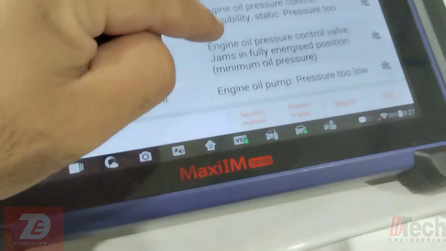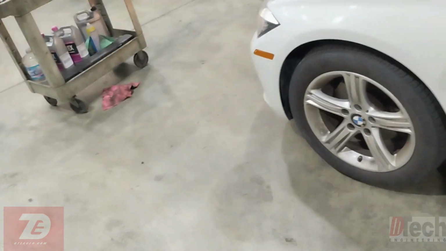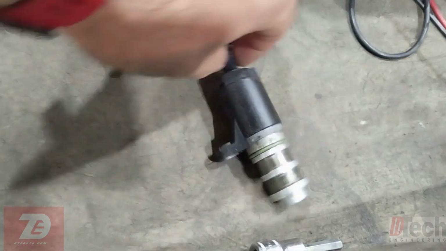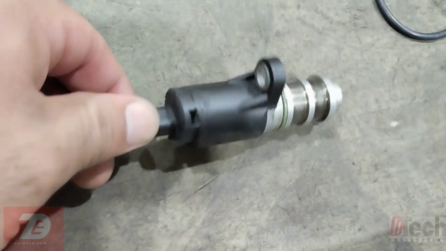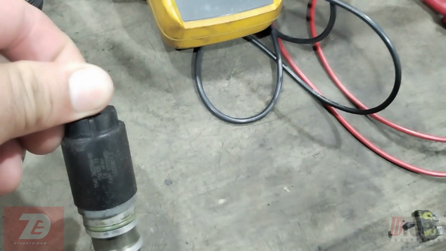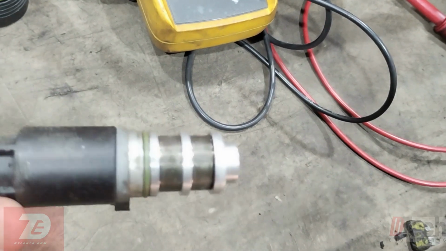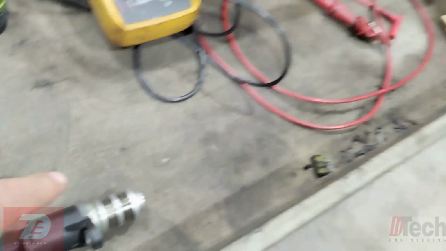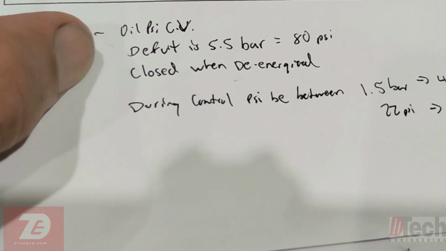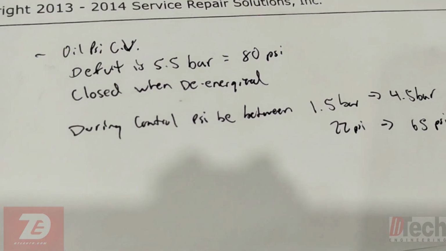The trouble code, as far as that valve, let me get you a shot. It's basically like a Vanos solenoid, or just a variable timing control solenoid valve. It's a 2-pin, pretty straightforward. The way this operates, in its closed position, it goes to the default max oil pressure, which is 80 psi.